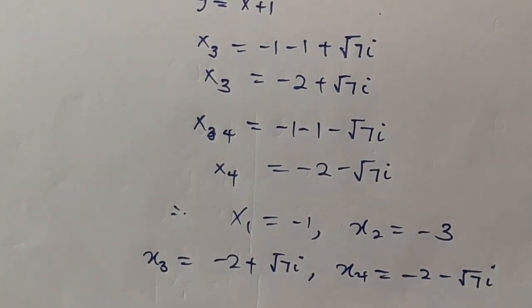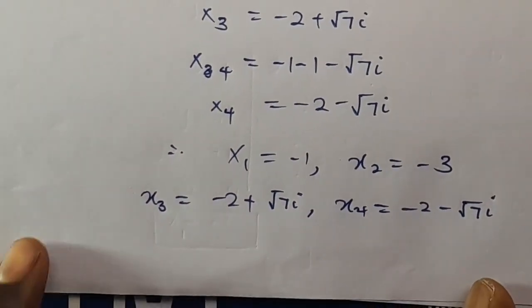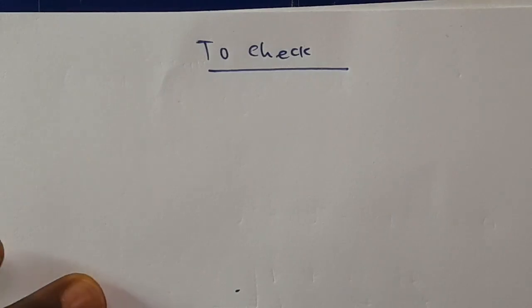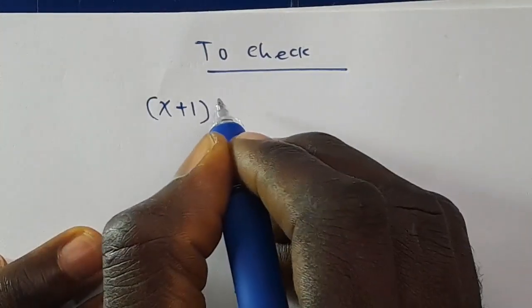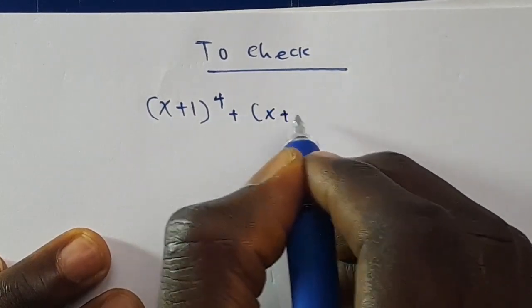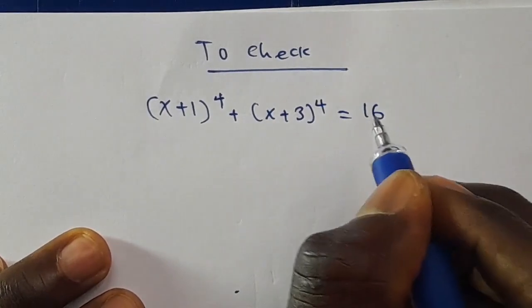So now to check, we can recall from here. So to check, we have to recall that we have x plus 1 all raised to power 4 plus x plus 3 all raised to power 4 equals 16.